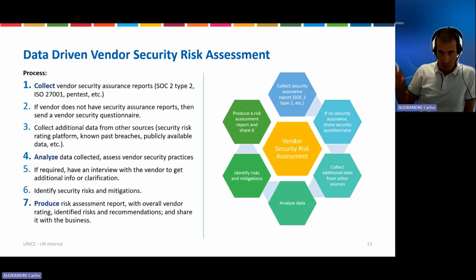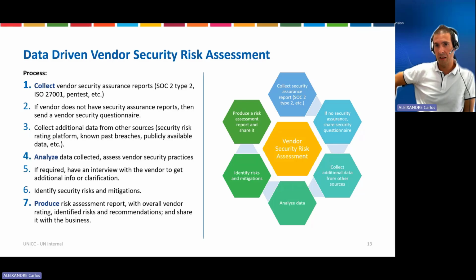So based on all this data that we have collected from the assurance report, from our security questionnaire, from information publicly available, from the security risk rating platform, then we analyze all this data and we assess the vendor security practices, okay? If required, and this is something that I would recommend for critical vendors, it's good to have an interview with the vendors to get additional information or clarification.